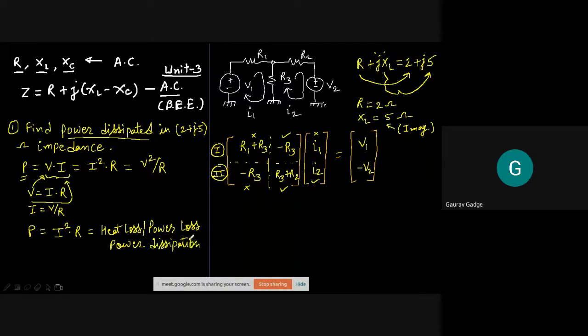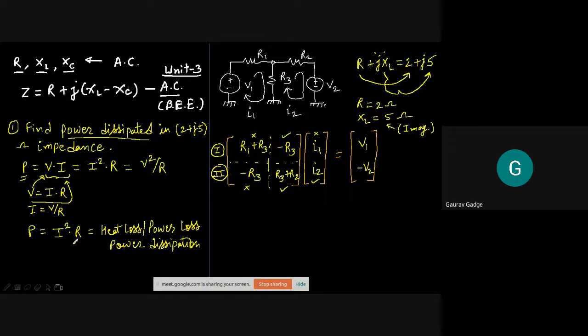You can give it any name. In the dictionary there are a number of English words or synonyms for this: power dissipation, heat loss, power loss, power consumed, or power absorbed. So P is equal to I square R is the generalized equation.